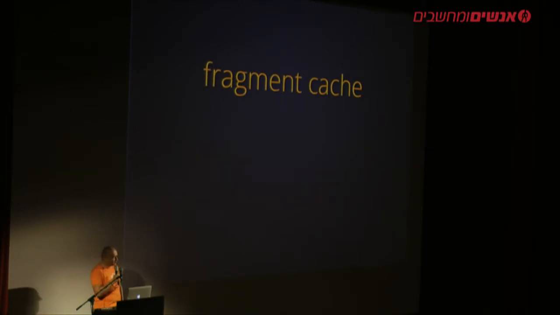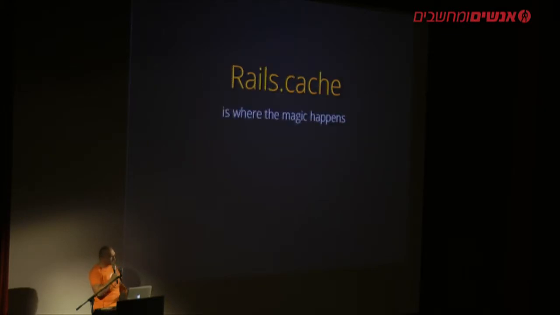So the only HTML caching available in Rails 4 is fragment cache. Now, all of those caches, at least action cache and fragment cache, build upon the raw Rails cache API, which is just a generic API to cache anything with any key. It's just a key-value store.